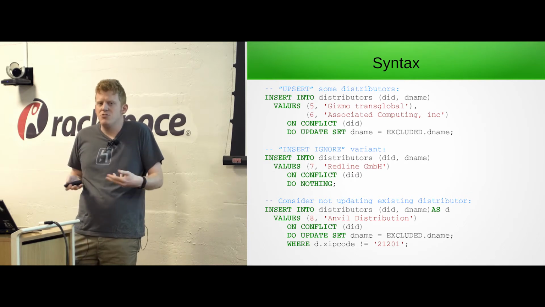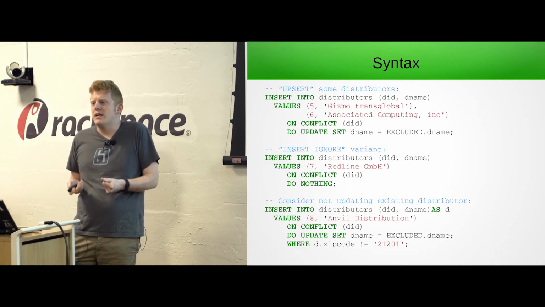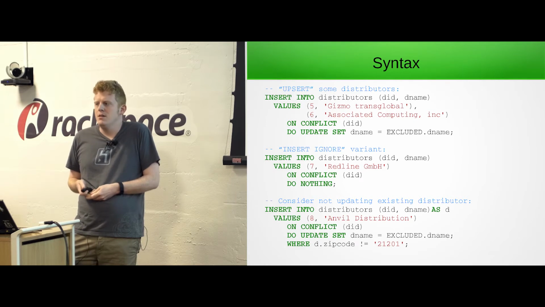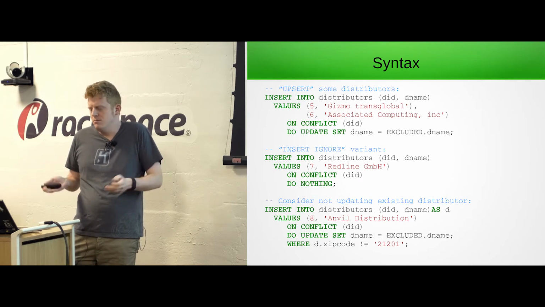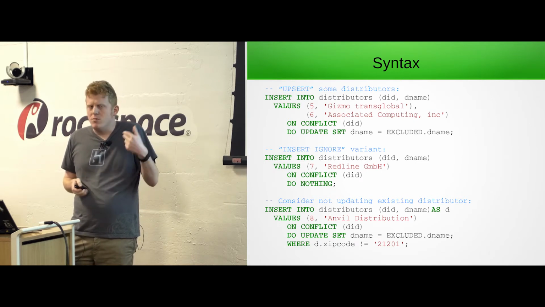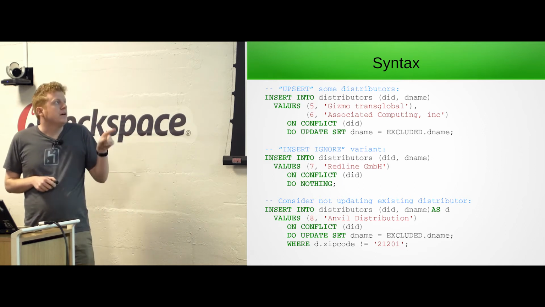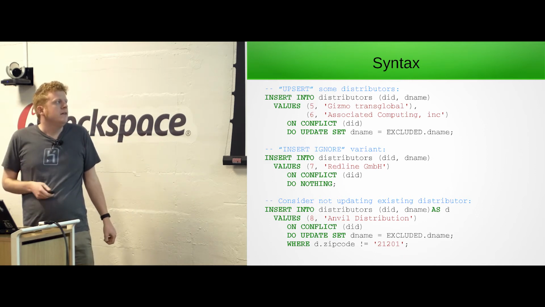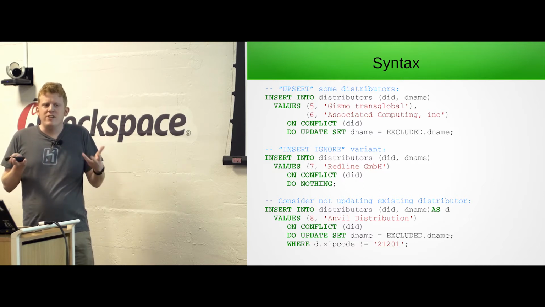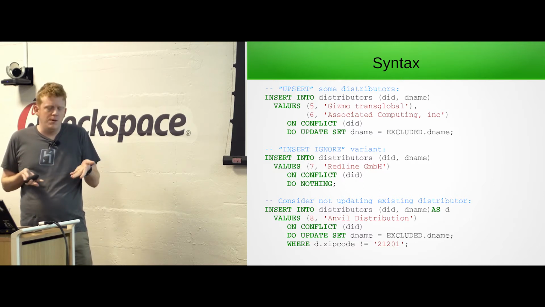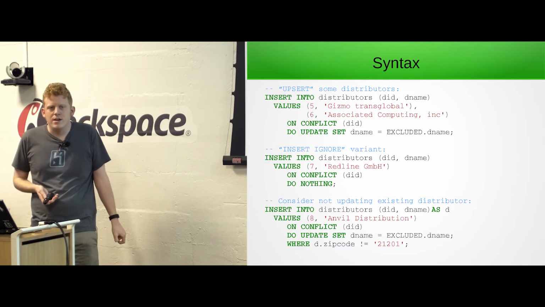So it's a safety feature. It's a way of making sure that you don't accidentally get logical corruption, if you will. And this is mandatory for the upsert variant, but not the do-nothing variant. With the do-nothing variant, you could reasonably not particularly care about which one you actually get a violation in.